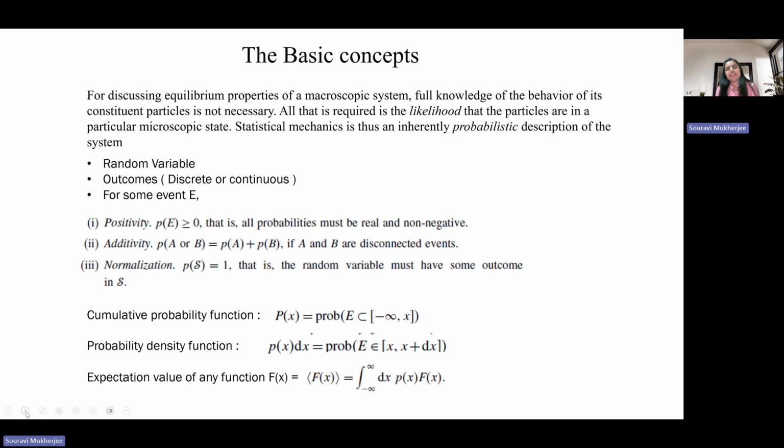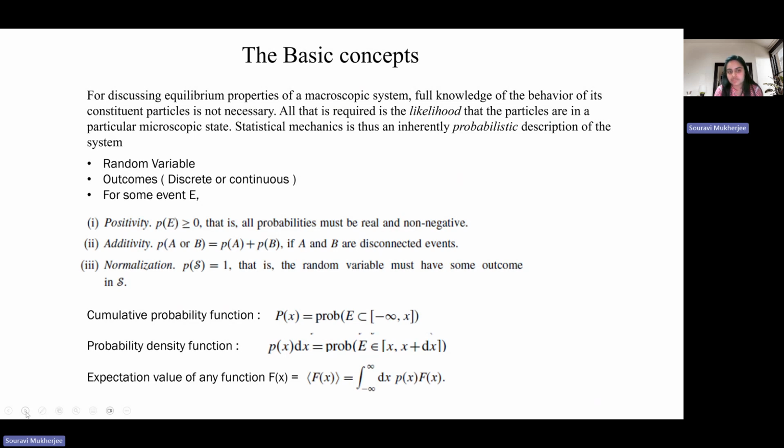Now, you can define probability by different functions. Some of the descriptions are like you can have a cumulative probability function. So if you have some event E, whose outcomes belong to some sample space, and where these outcomes are defined as maybe x, then the probability that your event results in an outcome which lies from minus infinity to x, this probability is defined as P of x when we are talking about cumulative probability function.